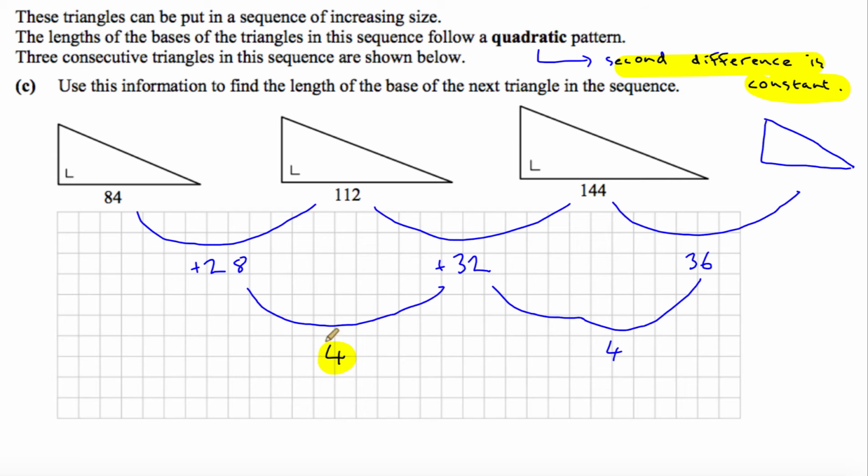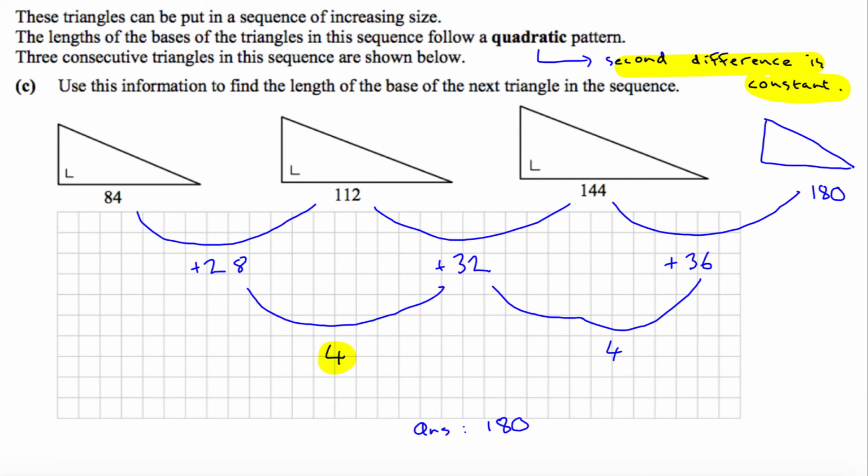Well then 144 plus 36 will give me the length of the base of the next triangle. So 144 plus 36 is 180. So that's my answer. The answer is 180.